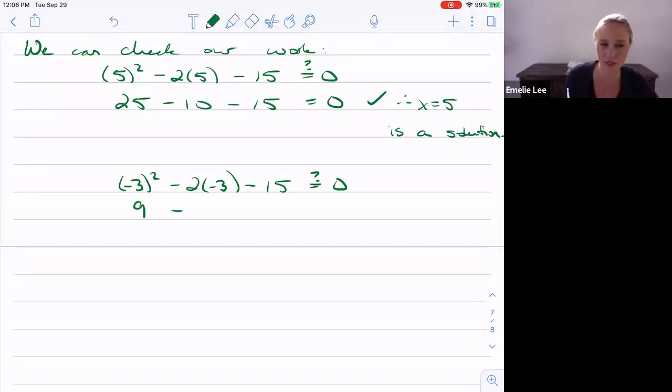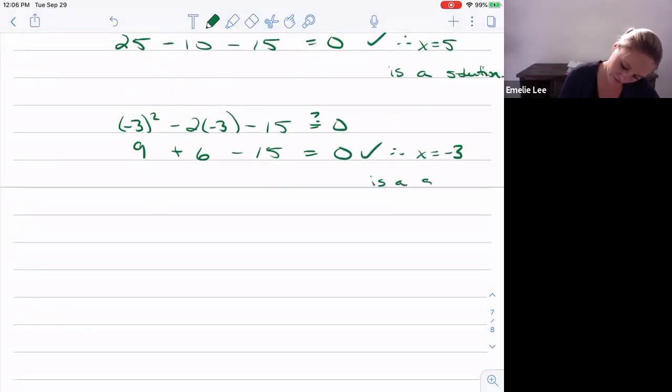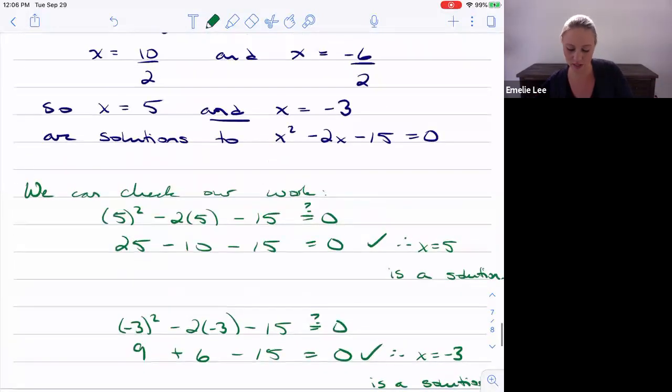Minus 2 times negative 3, so plus 6, minus 15. 9 plus 6 minus 15 does equal 0. Therefore, x equals negative 3 is a solution. So this green stuff is optional. This stuff where we're checking our work, that's optional, but I just want to show you that you can.